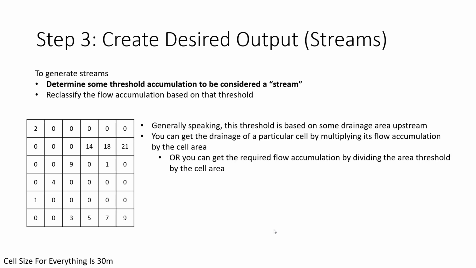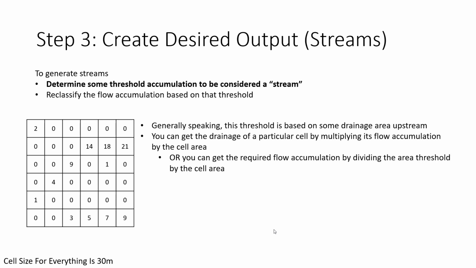Okay. So then once you have that area in mind, you can figure out what cells meet that criteria, or what you would have to do for a cell to meet that criteria. And there are two ways you can do this. The first is to multiply the flow accumulation by cell area to give you the total area that is being drained into a cell.